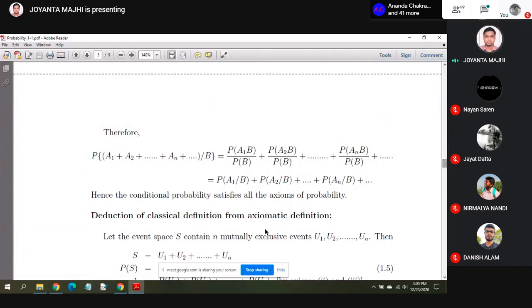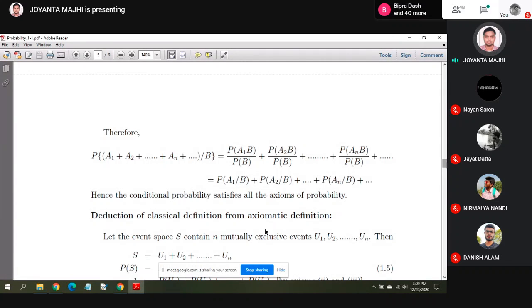Therefore, the conditional probability of A1 plus A2 plus A3 plus so on by B equals probability of A1B by probability of B plus a similar term. And probability of A1B by probability of B is equal to probability of A1 by B, that is the conditional probability of A1 on the hypothesis that B has already occurred, plus the similar term, the conditional probability of A2 on the hypothesis that B has already occurred.